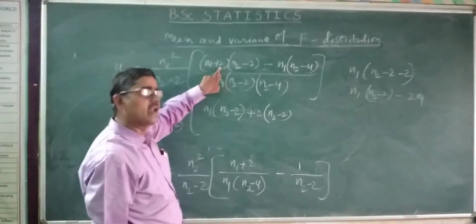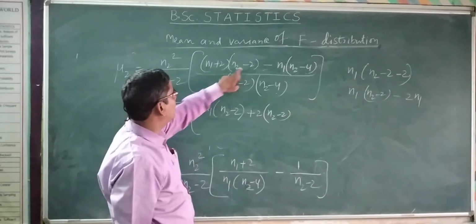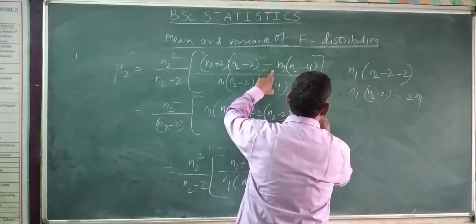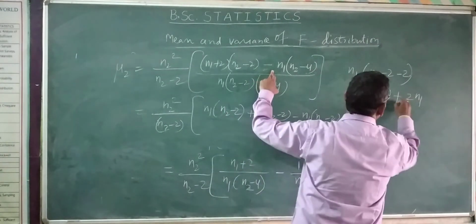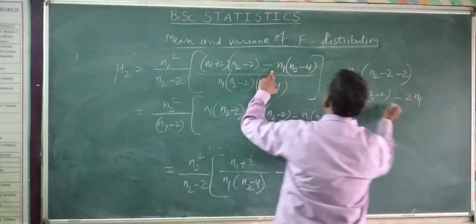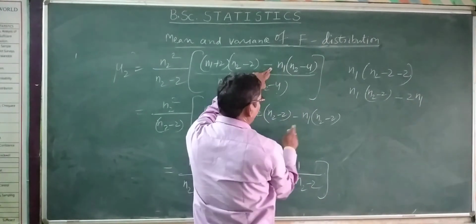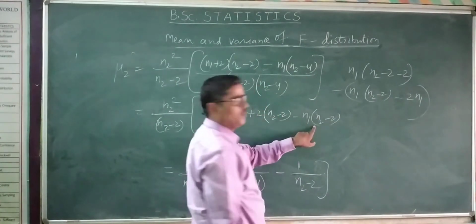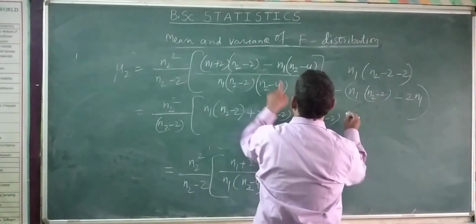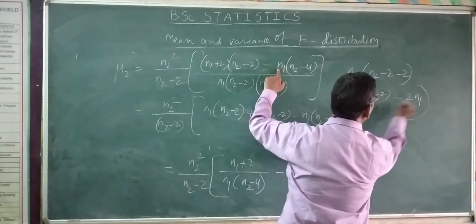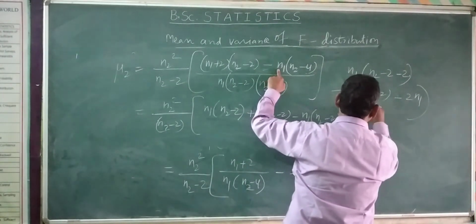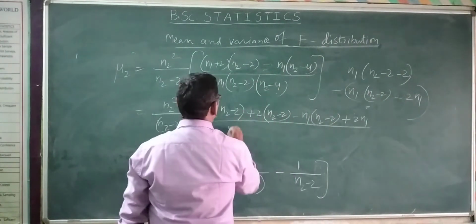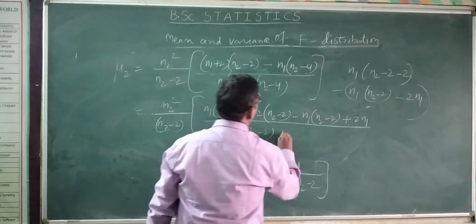So n1 into n2 minus 2 plus 2 into n2 minus 2, and then minus of n1 into n2 minus 2, and minus of minus will be plus, so plus 2 into n1, right? So divided by n1 into n2 minus 2 into n2 minus 4.